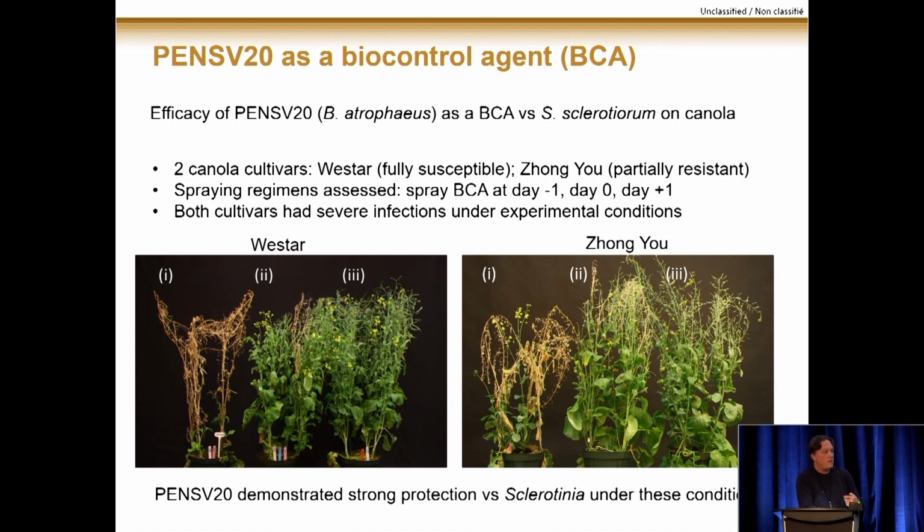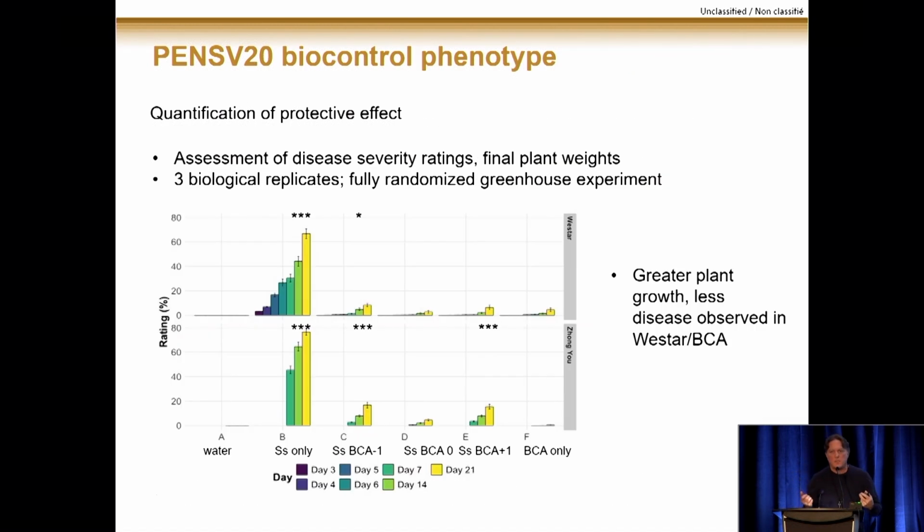So we think we've demonstrated here that PENS V20 does demonstrate strong protection versus Sclerotinia under these really favorable conditions. You can see how devastating the disease is. But of course, I'm not just going to show you the pictures of the best ones. We did this with scientific rigor by doing the experiment 3 times in a fully randomized greenhouse trial, and these are the results. The stars here indicate statistically significant differences as compared to the water control untreated with pathogen.